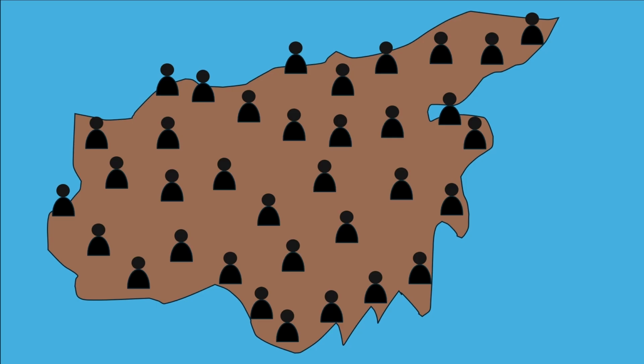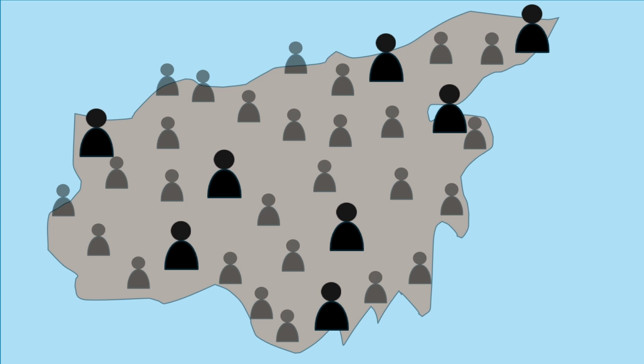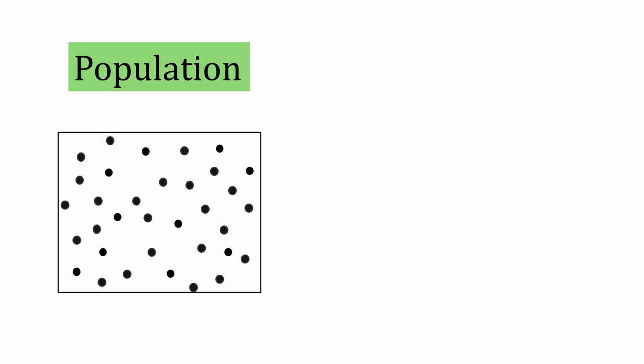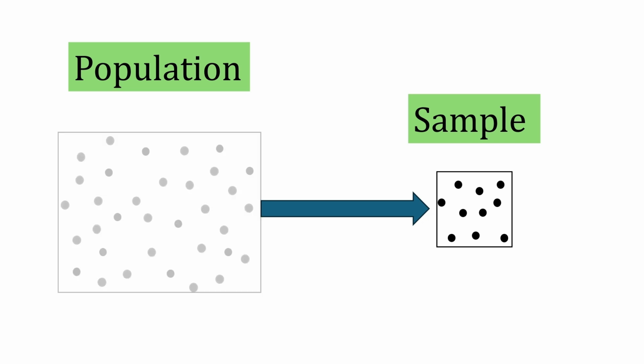All the people of a country represent a population, and some randomly selected individuals from the same country are a sample. Now, if we have the entire population, then why consider a sample? The reason is, in most real world cases, we do not have the data about the entire population.